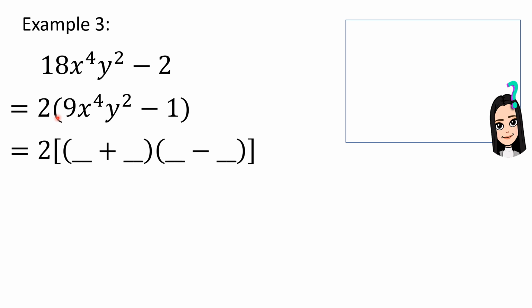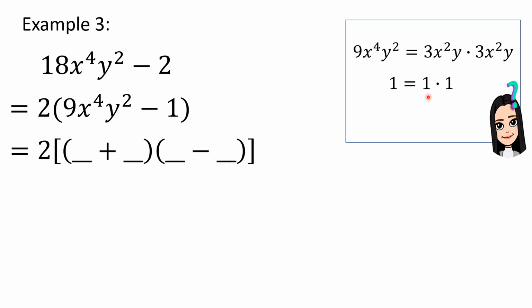Okay, so we can now take the factors of our given difference of two squares. The factors of 9x exponent 4 times y squared are 3x squared times y times 3x squared times y. Next, you take the factors of 1.